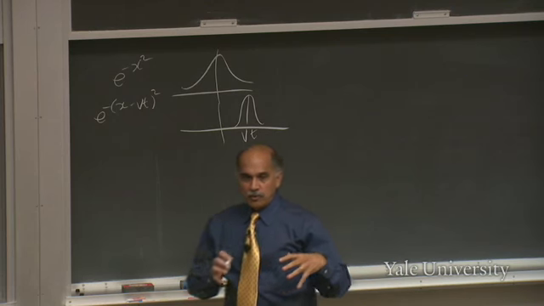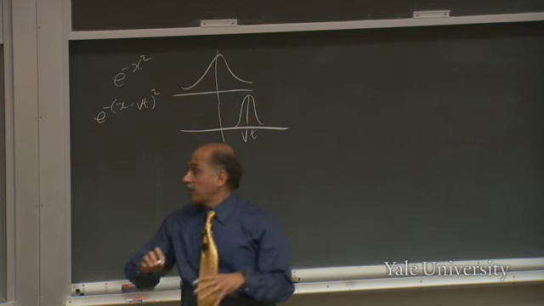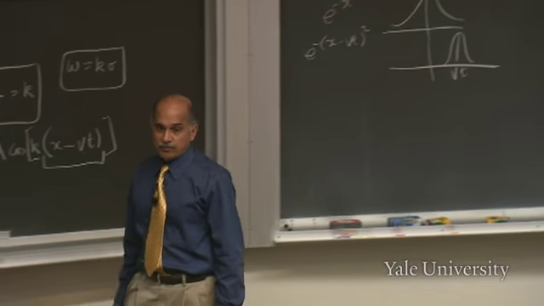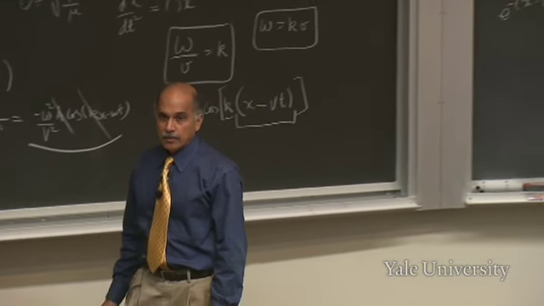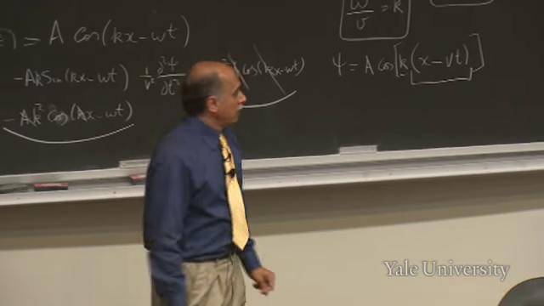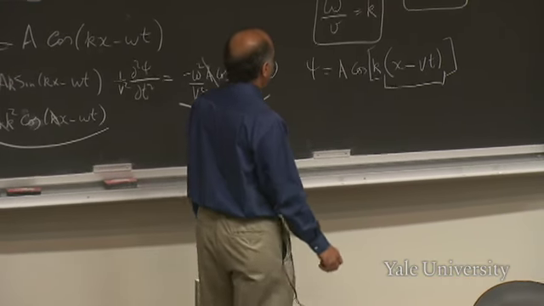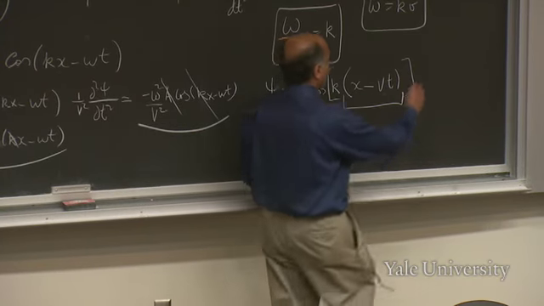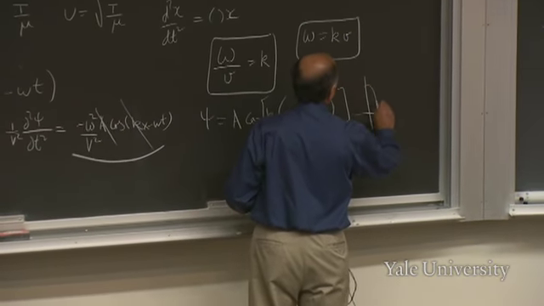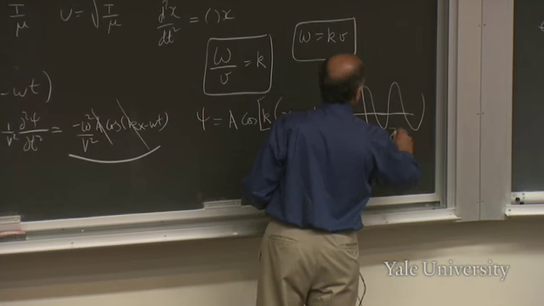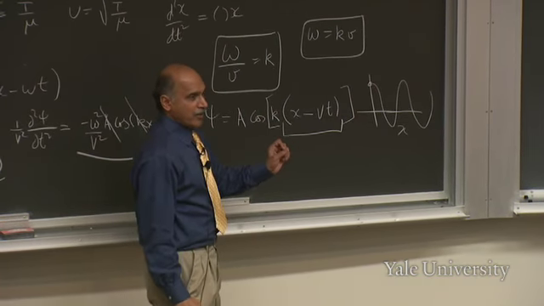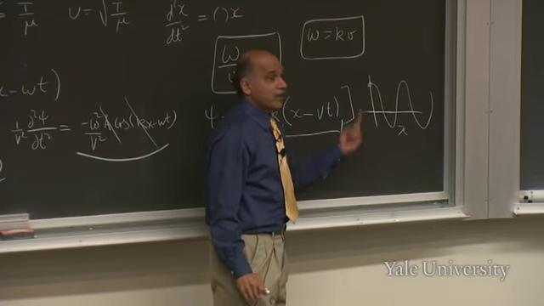So in a wave, the whole profile moves with the velocity, and therefore this symbol we use here is in fact the velocity of the wave. Or maybe I'll give you one extreme example. At t equal to 0, it just looks like cosine kx, and we all know what cosine kx looks like. It's got a maximum at x equal to 0. If you wait a little longer, where is this maximum? A little later.